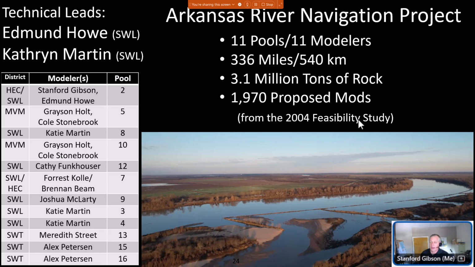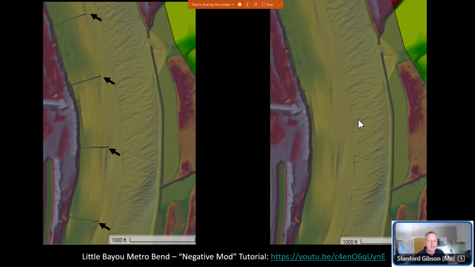And here, the idea was, could we combine a capacity only analysis, which is something we could pull off in 6 months on this scale, with some sort of design heuristic? And so this is the Little Biometro bend, which they like to call patient zero. This was one of the most problematic bends. They had to dredge this bend 22 times since the 70s.